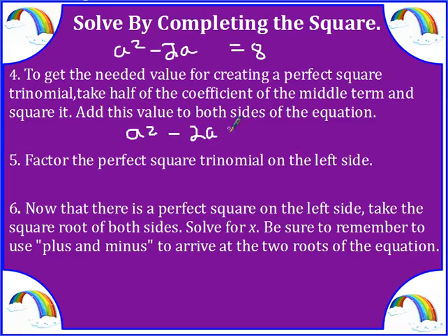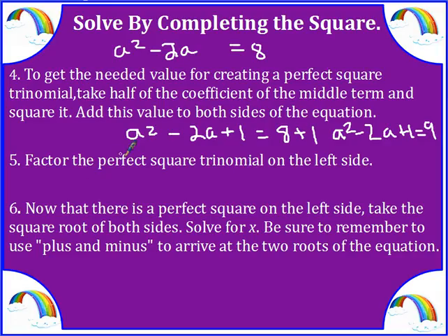So we're going to square -1, and that gives us positive 1. Equals 8. And once I added the 1 to the left to keep our equation balanced, we add 1 to the right. So really we have a squared minus 2a plus 1 equals 9.